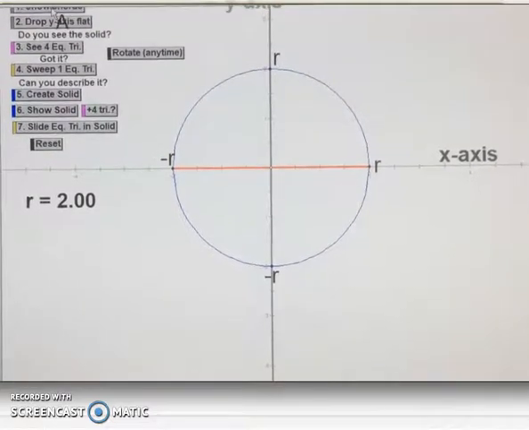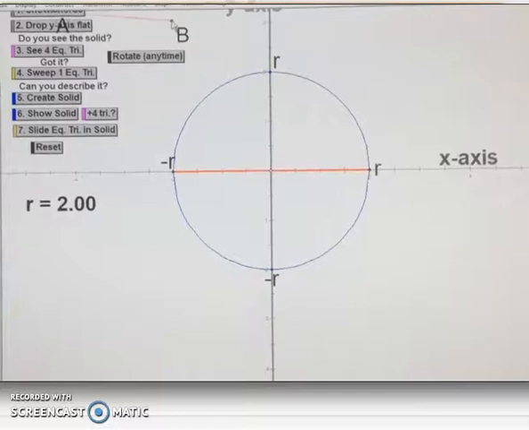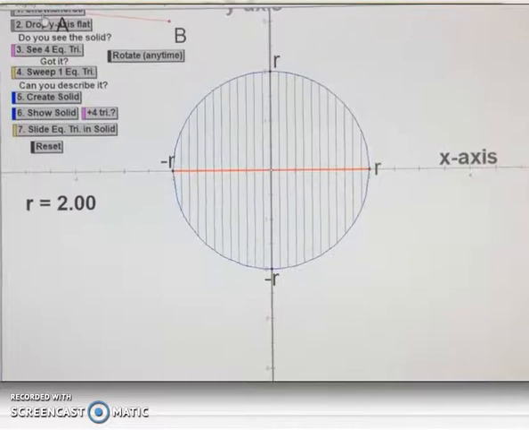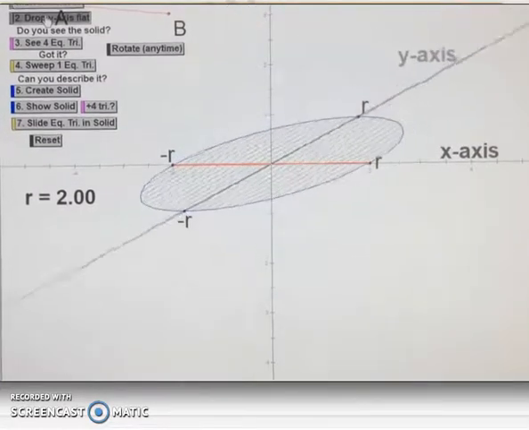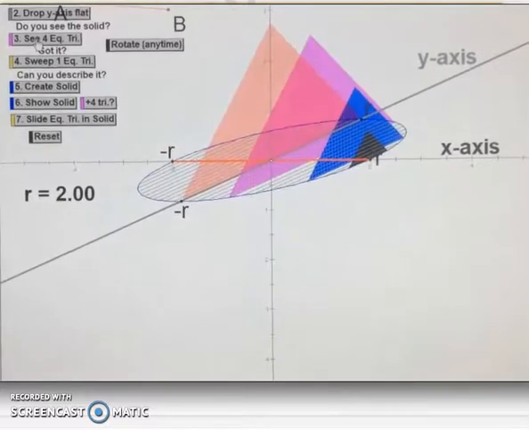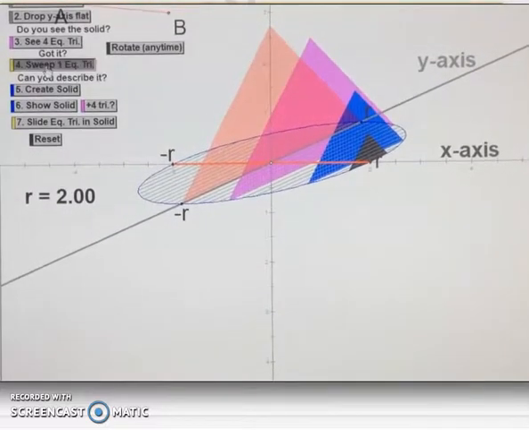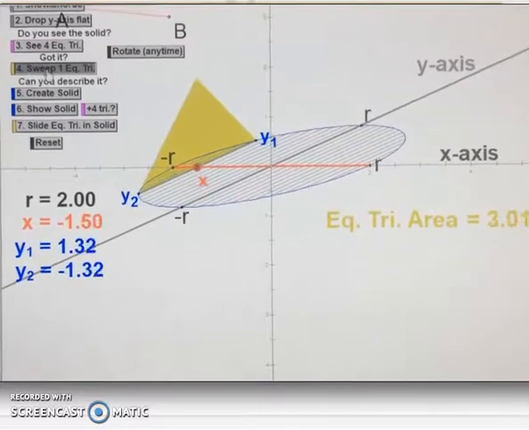Okay, so we're going to try this with another. We're going to do triangles this time. We're going to drop our axes, equilateral triangles. We could sweep the triangle.